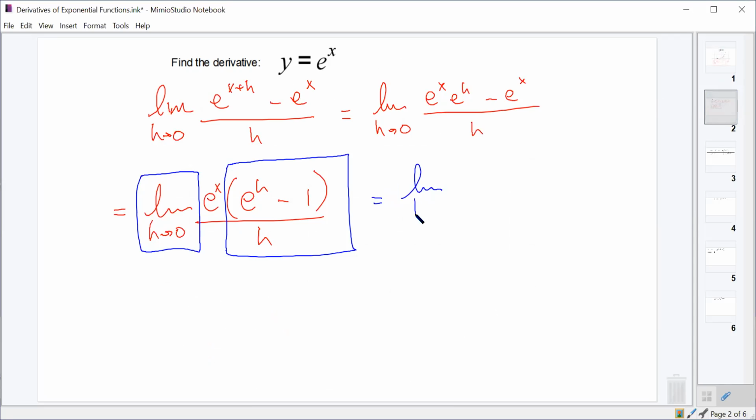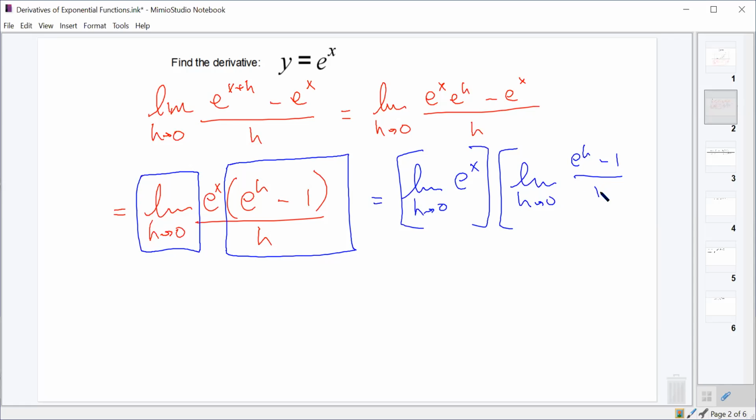So I could separate this into two different limits, one for e to the x and one for this limit that I now know from the previous page. What's the limit as h approaches 0 of e to the x? Just e to the x. And the limit as h approaches 0 of e to the h minus 1 over h, as we just found, is 1. And what's 1 times e to the x?